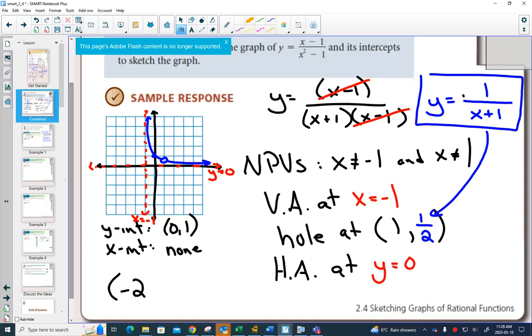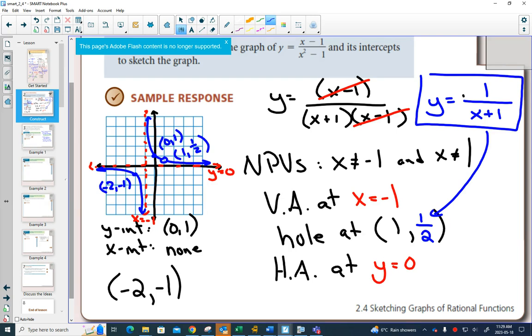I'll plug in -2. Again, I plug that -2 into the blue equation. Label all of these points. And this is our final graph.